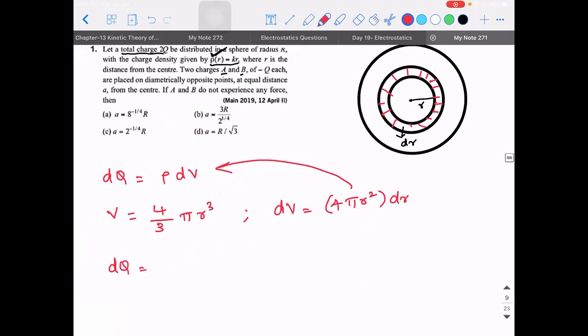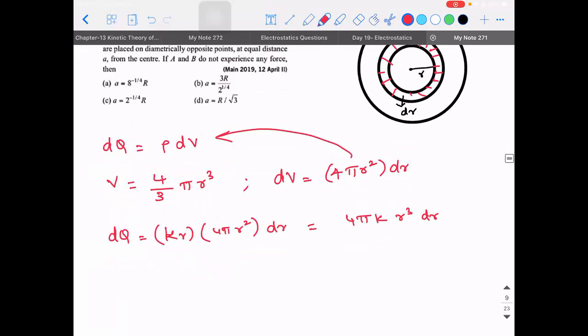So dq is equal to, guys, are you able to understand? dq is equal to k into r, where I don't know the dimension of k. Nothing is given. So our work is to eliminate that also, because the options don't have any k in them. So 4 pi k r cube dr. Guys, any doubt till here?